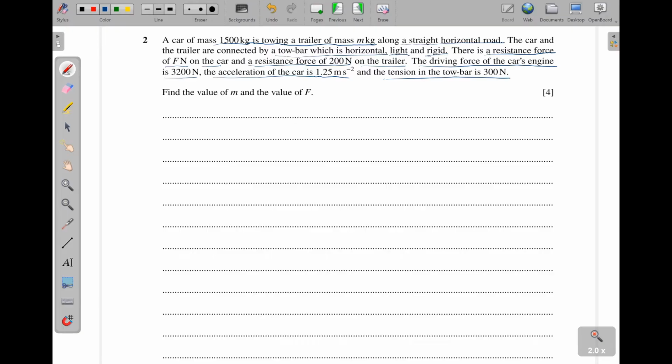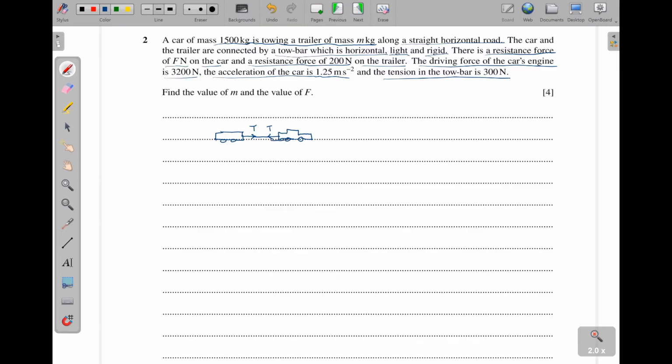So I can have my diagram here. Maybe this is the car here. Then there is the tow bar here and it tows a trailer. In here there is tension that takes the trailer forward. The same tension pulls the car backward.